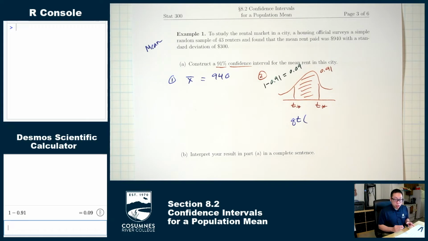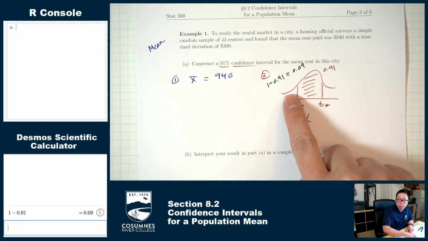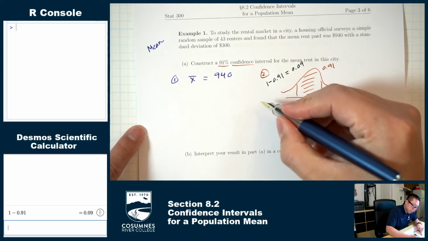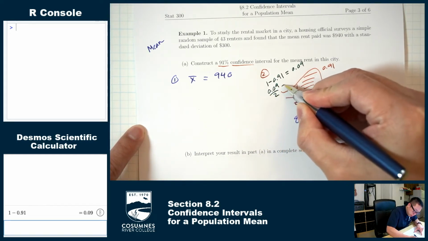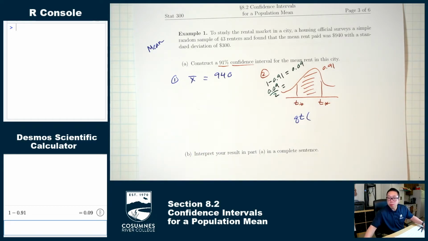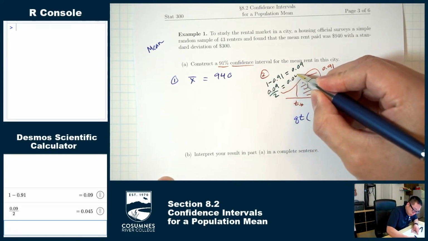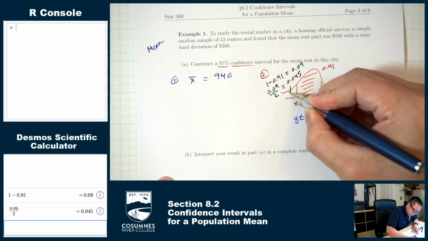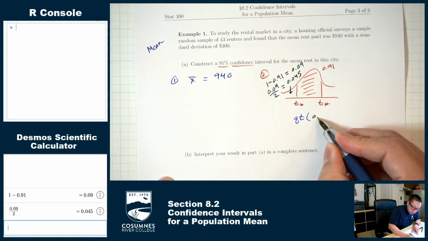That gives me the unshaded part, which is the left and the right together. If I just want the left, divided by 2. So 0.09 divided by 2, 0.045. Okay, that's what you feed into the qt, 0.045.